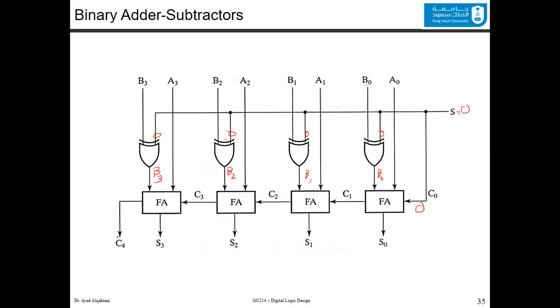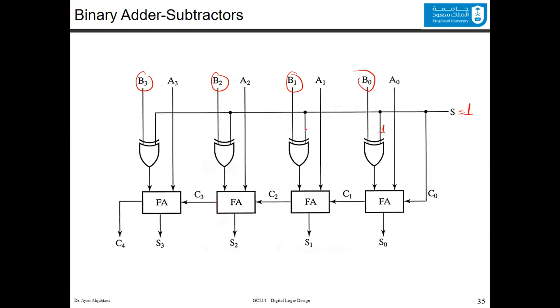Now, if you want to do the subtraction, we will convert the subtraction into addition. How? By taking the second number, which is B, and getting the 2's complement of it. To get the 2's complement of B, you need to flip all of its bits by having the subtraction input now equal to 1.